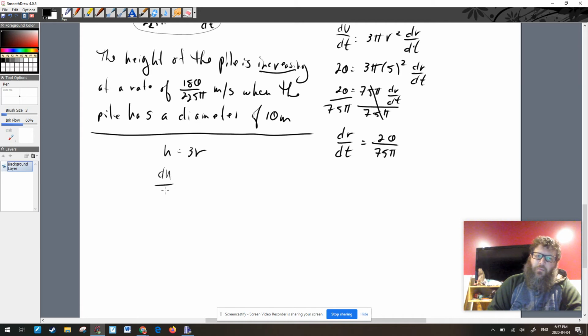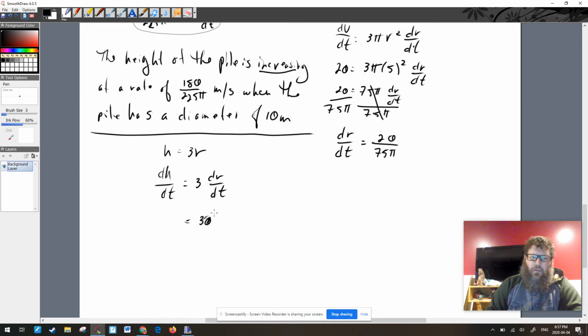So dh by dt is going to equal 3 dr by dt, which isn't surprising, because it's a constrained ratio, that the rate of change of the height is triple that of the radius. And so I know now dr by dt is 20 over 75 pi. So this is going to be 30, what am I doing? Not 30.